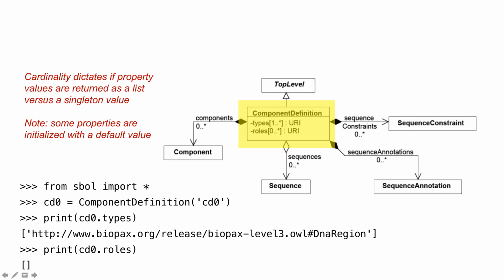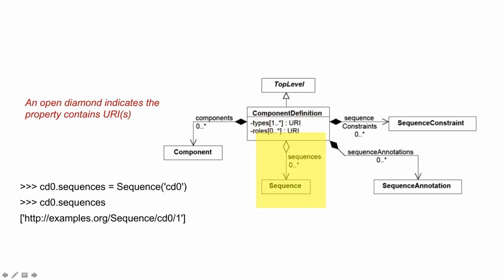Again, if I had instantiated a component definition and left off that required field, by default it gets initialized to be a DNA component. There are two other types of attributes here that you need to know about. These are the most complicated concepts, though not that complicated. Once you understand this, everything else is gravy.